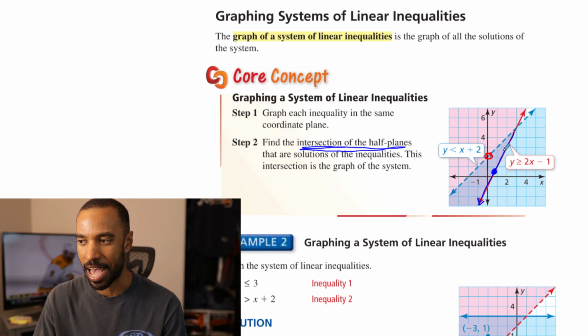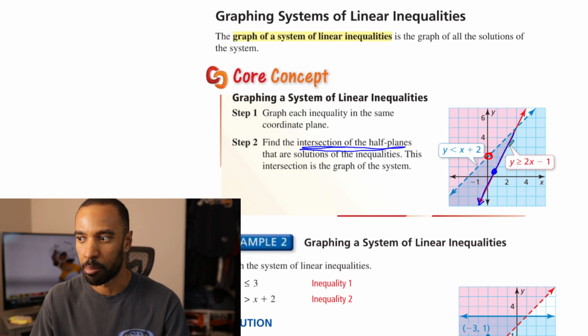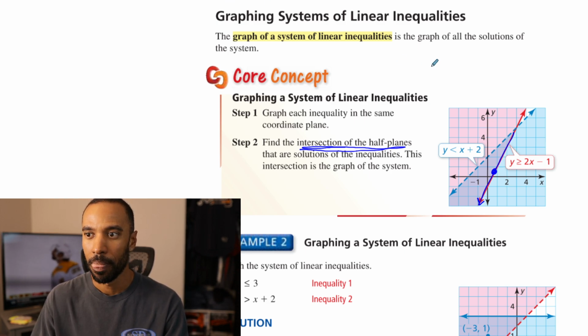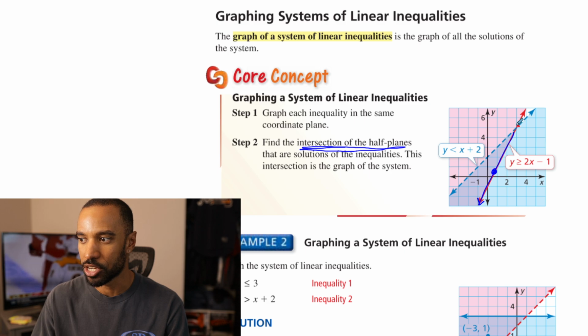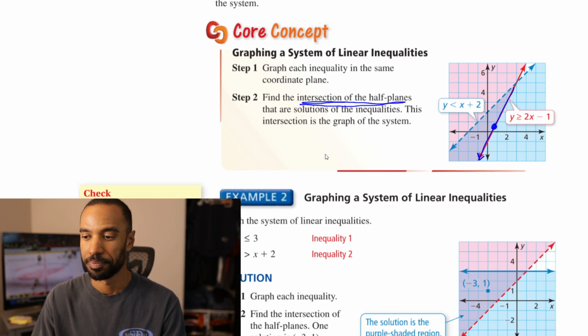A point on the dashed line. Doesn't matter whether it's bounding the overlapping shaded region or not, but points on the dashed line would not. Therefore, on this one, the point of intersection of the two lines does not count because of the dashed line. If it were solid, it would count, but only things inside the shaded region and with solid lines that bound the shaded region count as solutions.